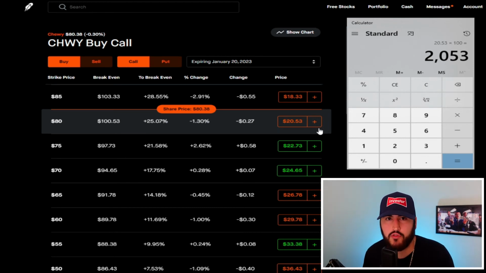You're paying for that right to have access to 100 shares per contract. So in theory, if CHWY stayed at $80, I would lose all of my money. My break even would be $100.53. So I need to believe that CHWY is going to be worth more than $153 in a couple years.